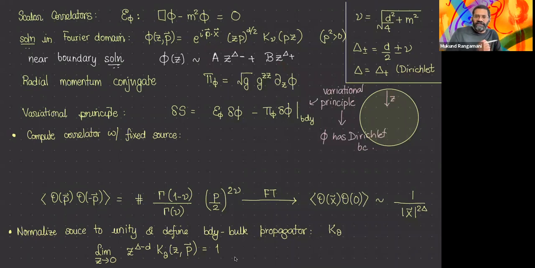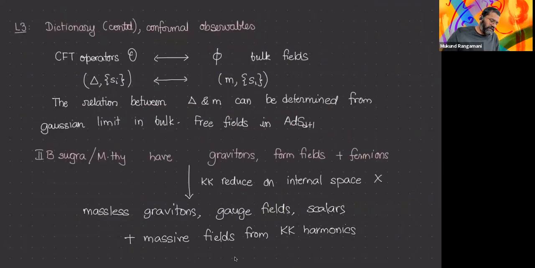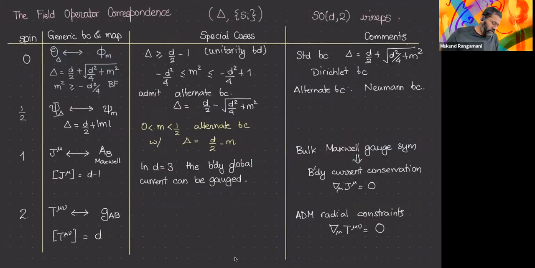I won't go through the exercise, but I pointed out to you there are special cases in my table where, if I use the delta plus boundary condition, then I don't attain the unitarity bound. To go below this d over 2 bound and get closer to the unitarity bound, I have to impose an alternate boundary condition, which if you see my formula now is basically requiring the operator to have dimension delta minus.